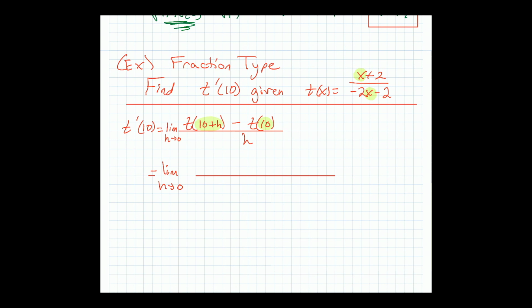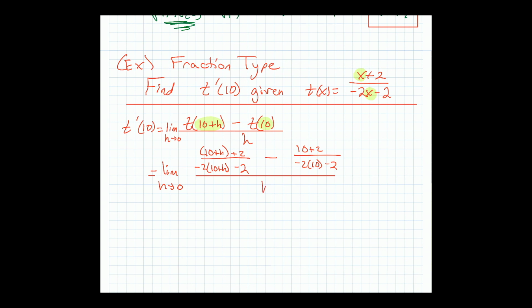So when we do that, that's going to be 10 plus h, think of it in parentheses, plus 2 on top. On bottom, you have negative 2 times 10 plus h, minus 2. So that's how you plug in the 10 plus h. Then you have minus, and we're just going to plug in the 10. So 10 plus 2 over negative 2 times 10 minus 2.